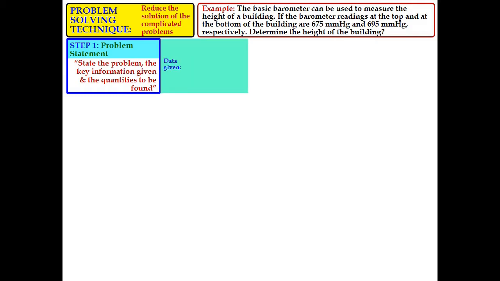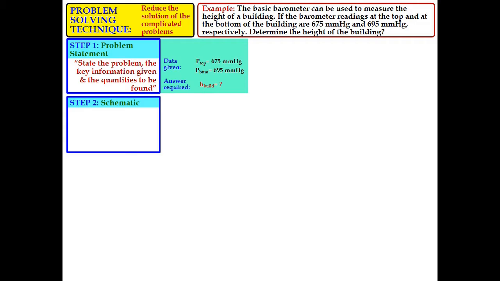For this case, the data given is the pressure at the top of the building, barometer reading 675 mm Hg, and the pressure at the bottom of the building, barometer reading 695 mm Hg. The answer required is the height of the building, H building. Okay, that's step number 1.